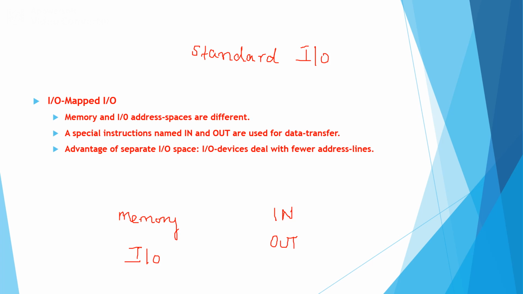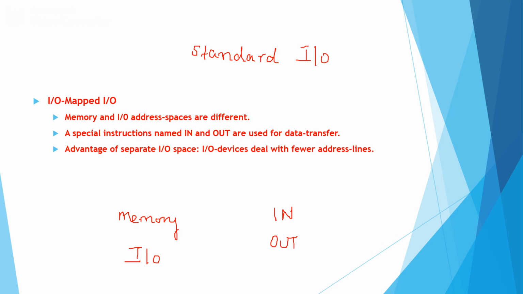Since we have a smaller set of IO devices and we use a separate address space to name the IO devices, this results in a smaller decoder size as well as simpler hardware. Also, only two instructions are used with respect to IO devices, which leads to a better programming environment.